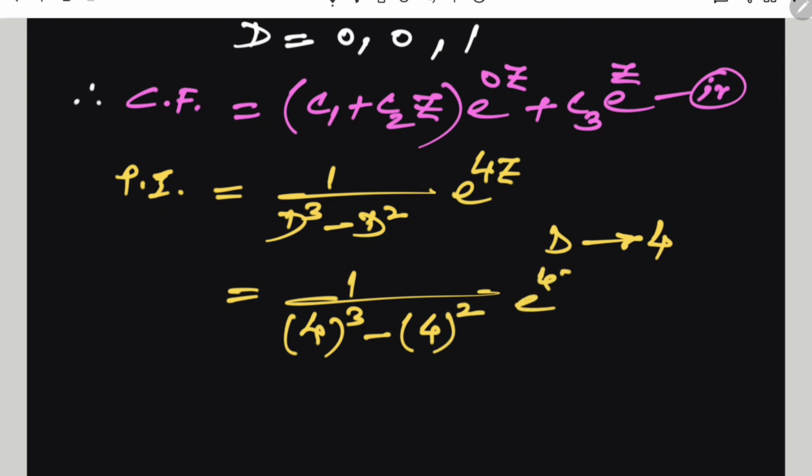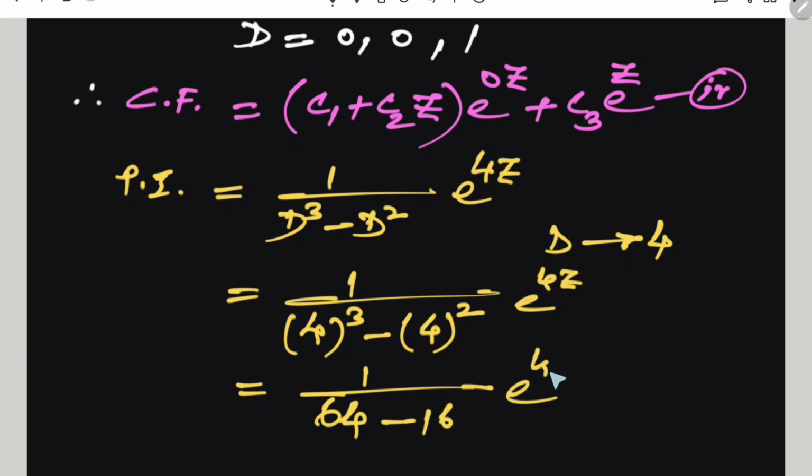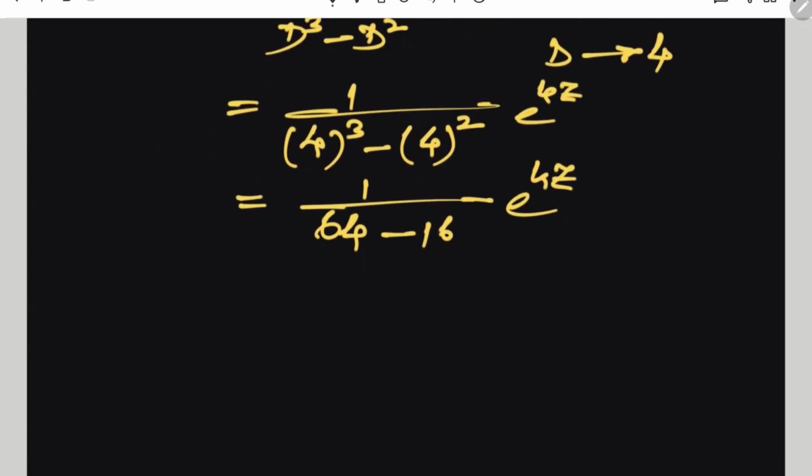Simplifying it, we get 1 by 64 minus 16 into e raised to 4z. Therefore, it is 1 by 48 into e raised to 4z. We call this equation number 5, as PI.